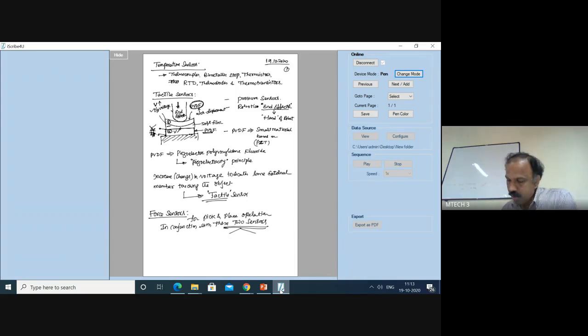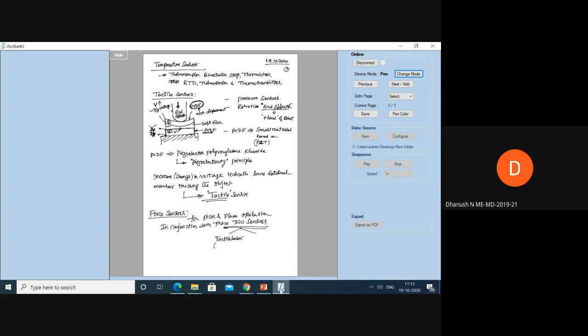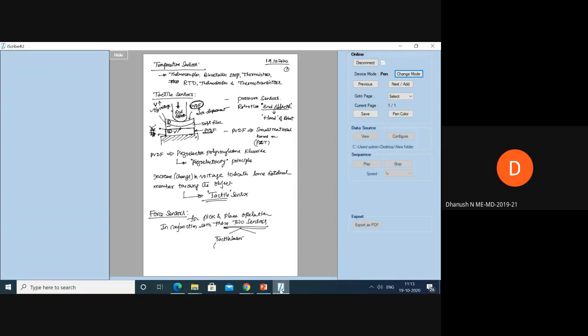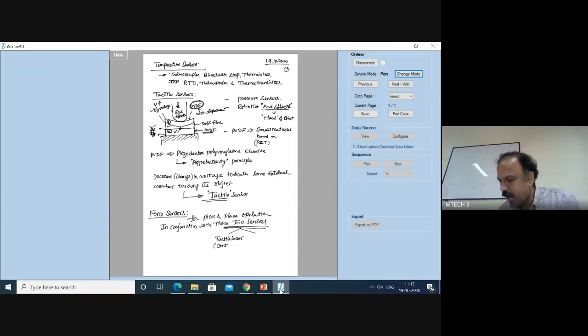Which are those? One is the tactile sensor. This is used to check whether the object is touched or not, whether the contact has been made. So contact established or not, that's all. For this, you use the tactile sensor.